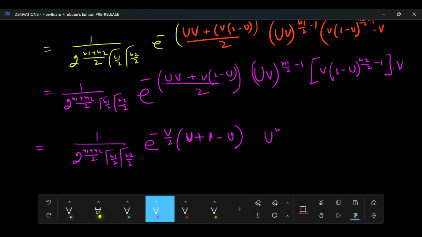This is u to the power n1 divided by 2 minus 1, v to the power n1 divided by 2 minus 1, and this will be v times 1 minus u to the power n2 divided by 2 minus 1 into v.